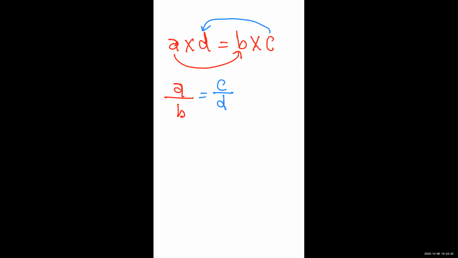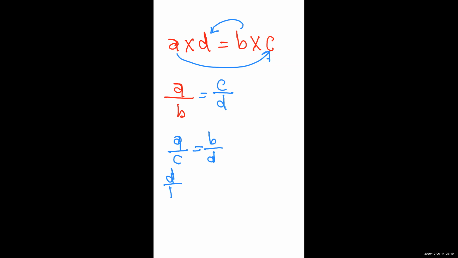This means all the following ratios are correct. A over C equals B over D. And also D over B equals C over A.